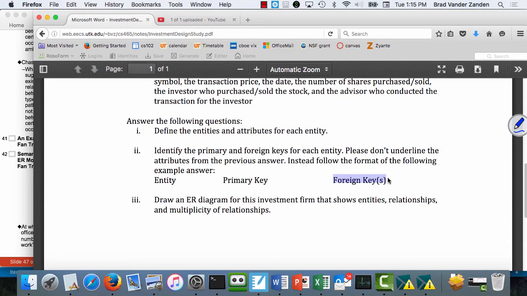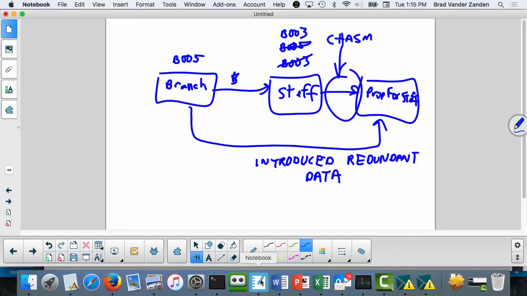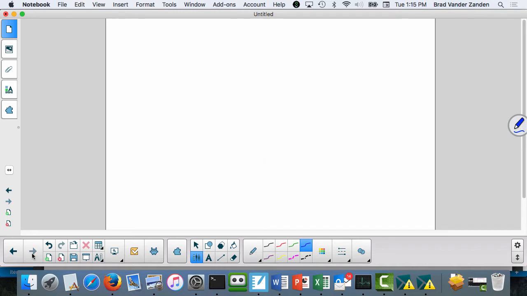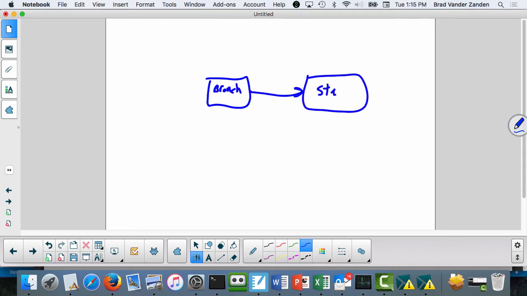And I also told you that if I draw an arrow, say from branch to staff, then there's a good chance that the foreign key is in the staff, because I typically draw it from the one to the many, and therefore the foreign key is going to go in the many.